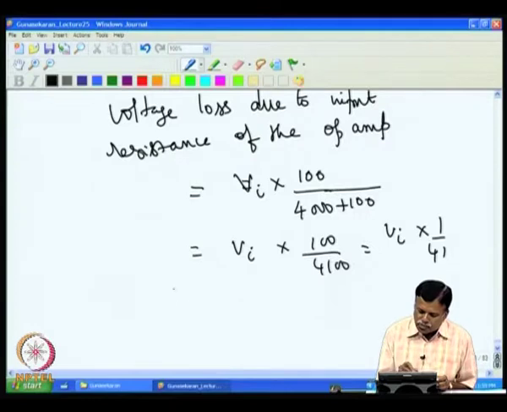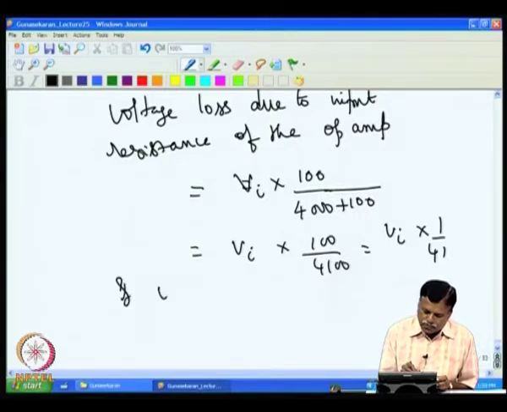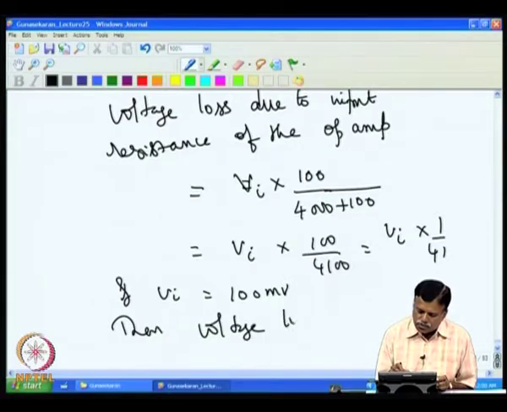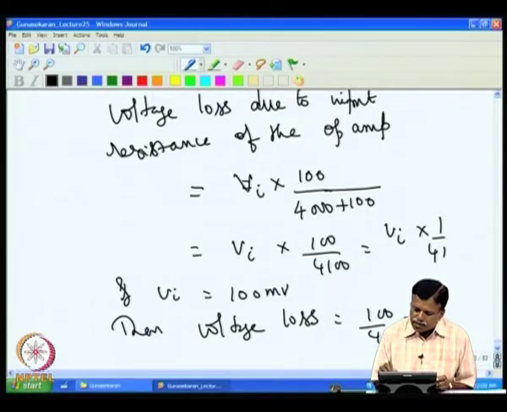So, if VI is equal to say 100 millivolt, then the voltage loss is 100 divided by 41, that is roughly 2.5 millivolt.